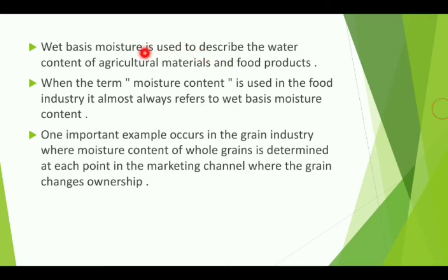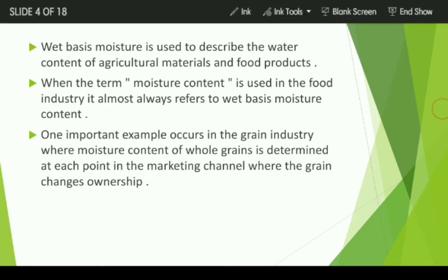Wet basis moisture is used to describe the water content of agricultural material and food product. Now, where is wet basis moisture content used?